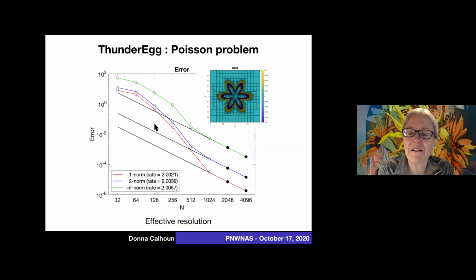So we can compute the error and look at various convergence rates. Of course we have a second order scheme, so we're expecting textbook second order, which we see eventually. Now for this problem, if the grid is too coarse, we're simply not resolving the solution at all because this had a fairly sharp interface at the boundary of this star shape. But once we get up to finer grids, we see the textbook second order accuracy.